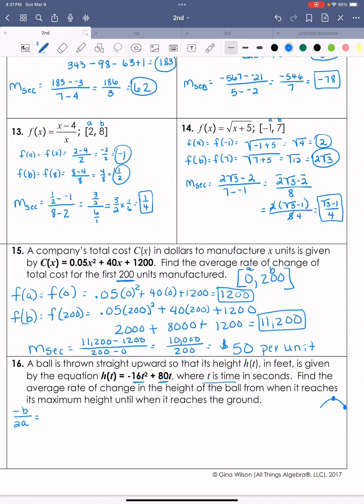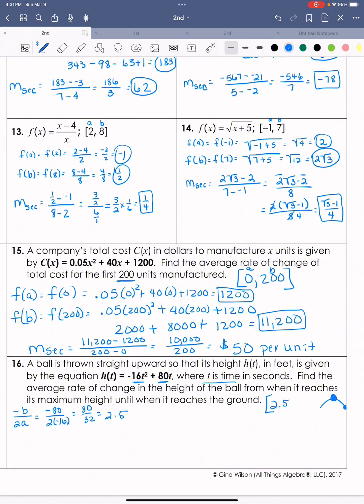So if I fill that in, I have negative 80 over 2 times a, which was negative 16. So that's going to give me 80 over 32, which is 2.5. All right. So that's the first part of my interval. That's where it's up here at the top.